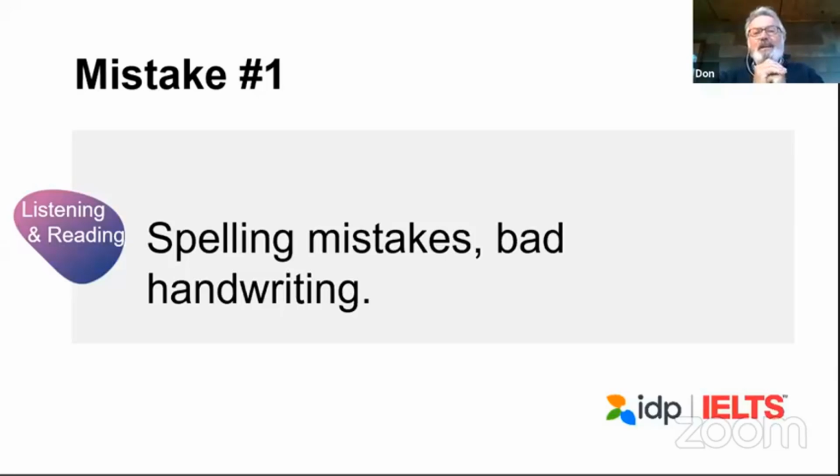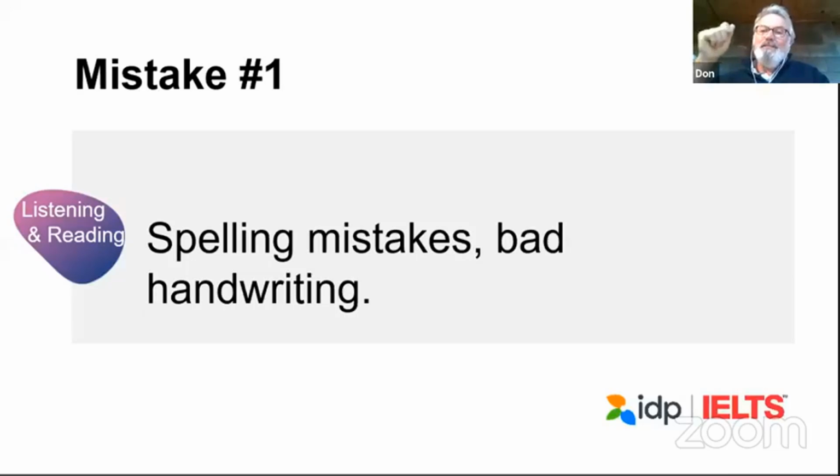But the first one is a very obvious one. When you are doing your listening test or your reading test, you have to write your answer. And there are two problems there. Sometimes we make simple spelling mistakes.